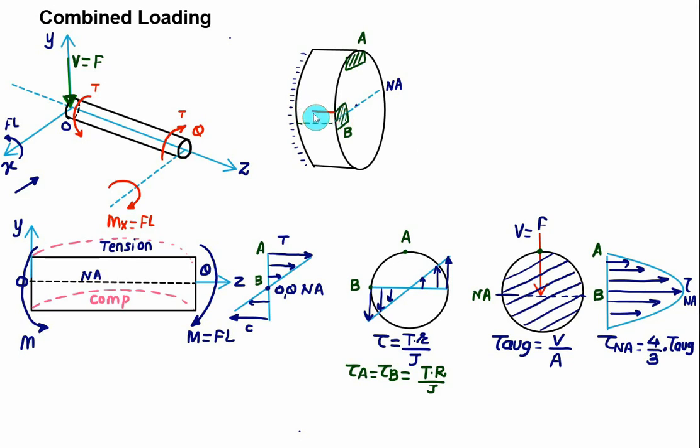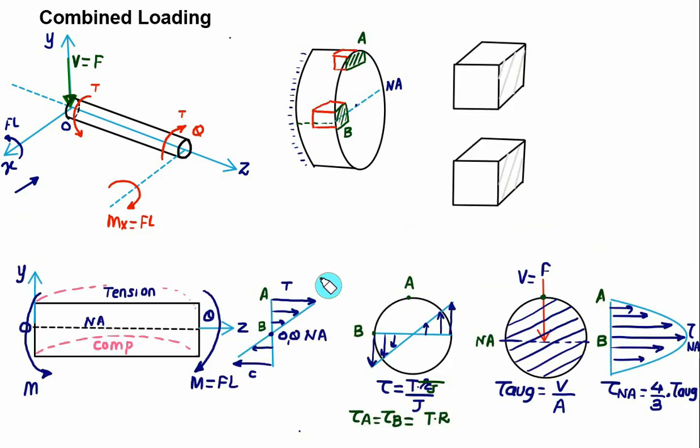This projection we are giving for three-dimensional, so we will make a cube of a three-dimensional state at B as well as at A. So you have to show this cube, and we'll develop the state of stress at A as well as B. Now again, to get your concept clear, this will be the state of stress at A, and this one is representing the state of stress at B. This one is representing the hatch area that you are visualizing from this side, that is from the Z side.